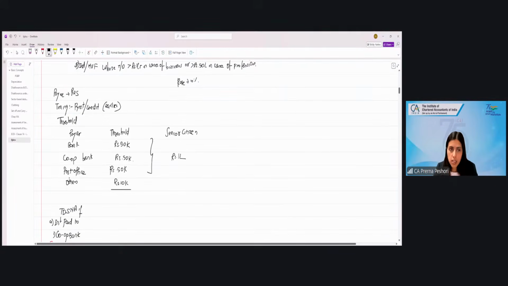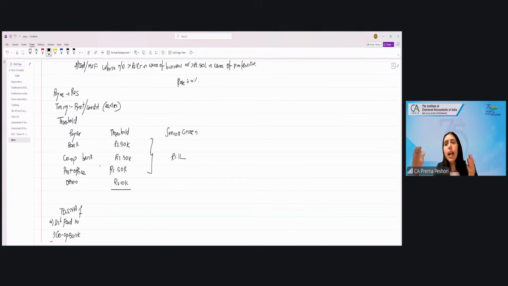So if the payer is others, it is 10,000. If the payer is a bank, a cooperative bank or a post office, the limit is 50,000. And in case the payee is a senior citizen, then the limit is 1 lakh.